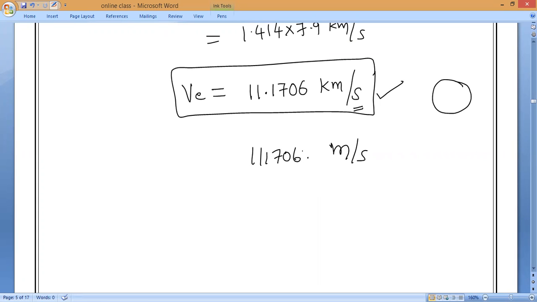Okay, everybody? Yes, Hari? I think 11,170.6 will come. Yes, 0.6. So 11,170.6 meter per second. That is the escape velocity of Earth.